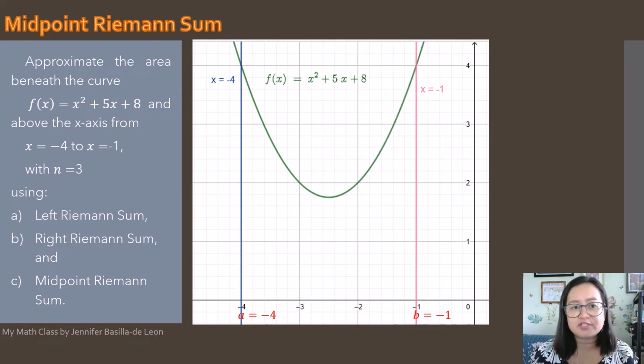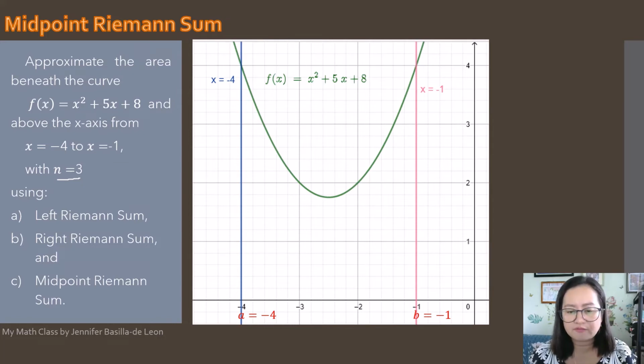Now this time, let us use the midpoint Riemann sum formula. So again, n is equal to 3. Therefore, we'll still have 3 subintervals and 3 rectangles to be used. But this time, instead of the vertices, we shall consider the midpoint of the rectangles.